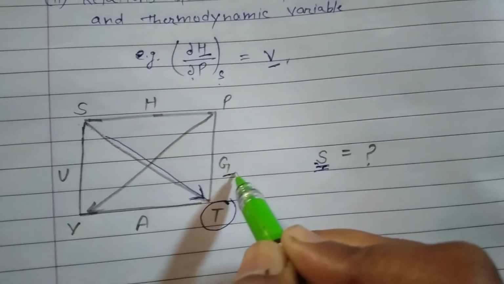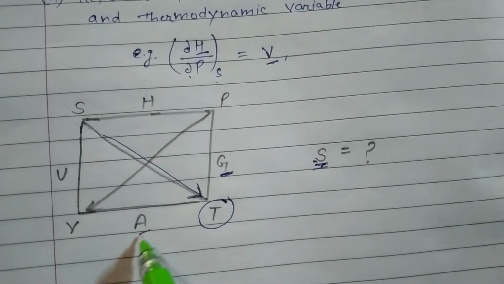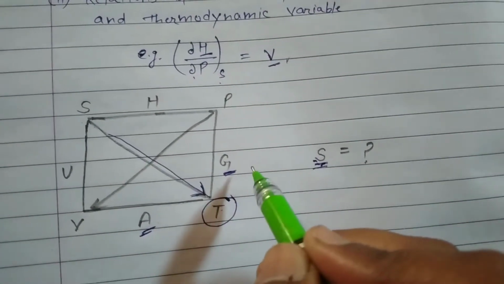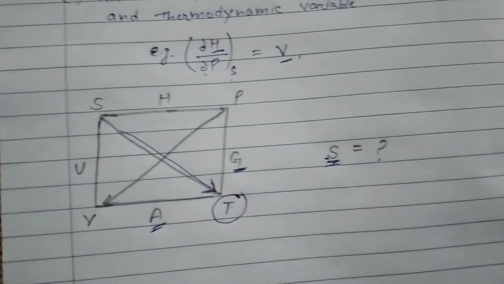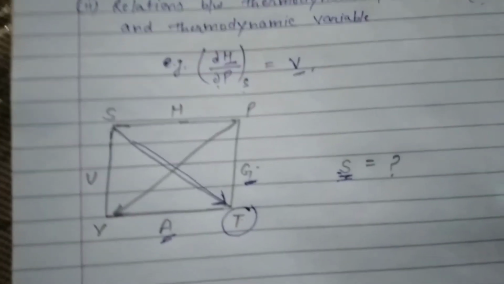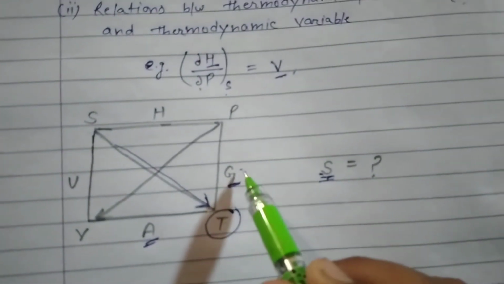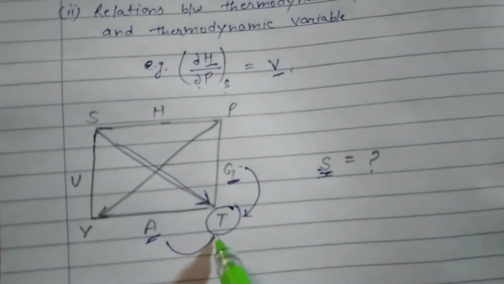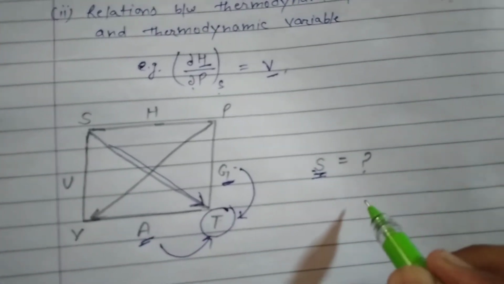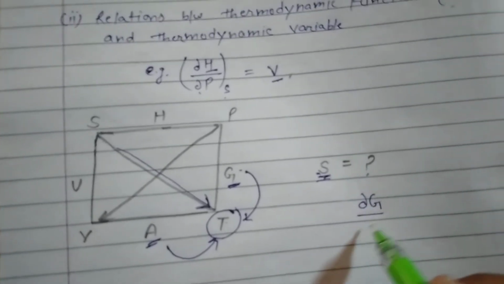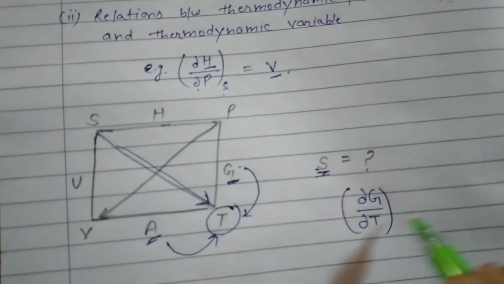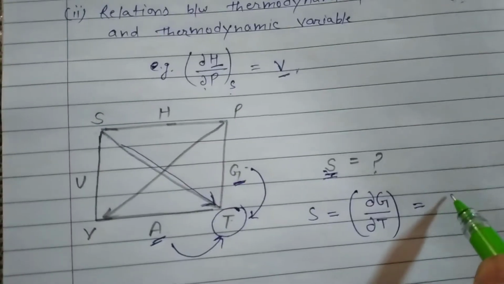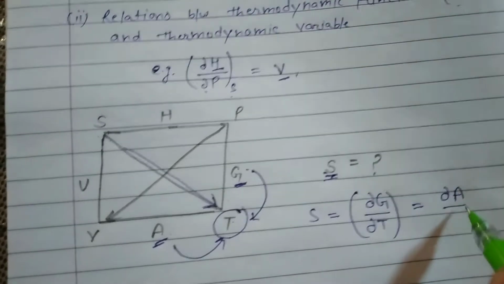Here Gibbs free energy and the work function are the nearest thermodynamic functions. So we have to write the partial derivative of these functions with respect to temperature. We have to write the partial derivative of Gibbs free energy with respect to temperature. Entropy is equal to that, and entropy will also be equal to the partial differentiation of A with respect to T.